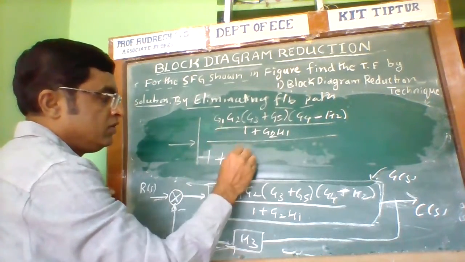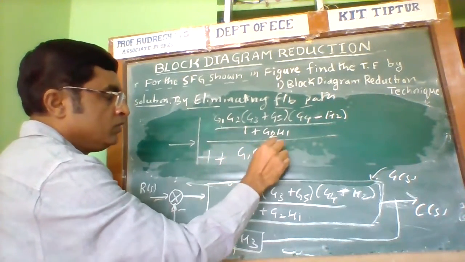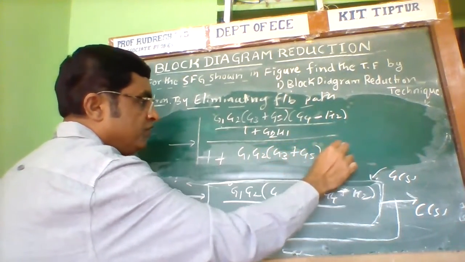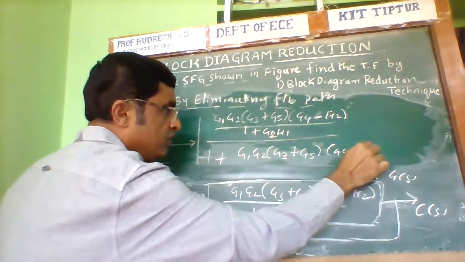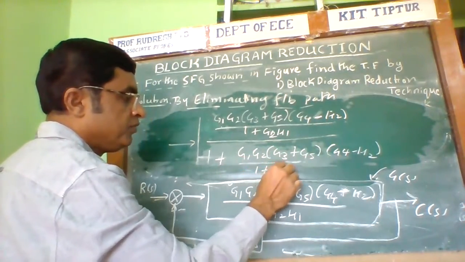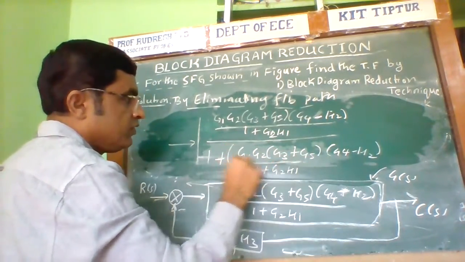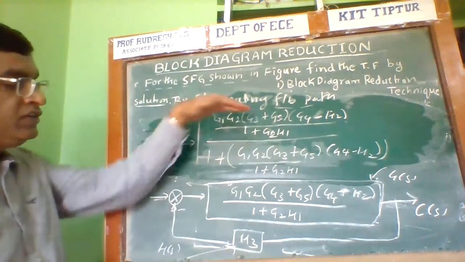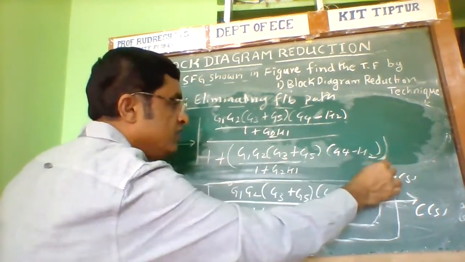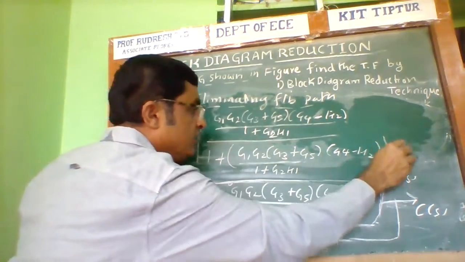Similarly, this quantity G2, G3 plus G5, G4 into H2, this entire quantity becomes just G(S) divided by 1 plus G(S). This entire quantity is G(S). So H(S) value is H3.